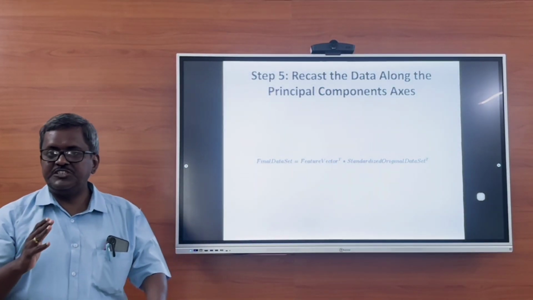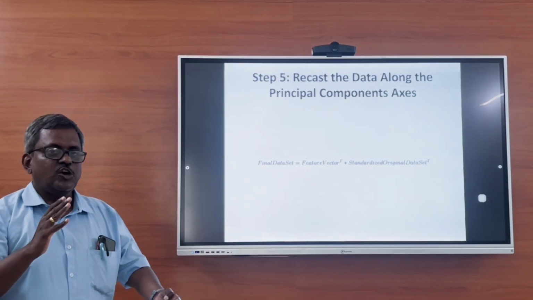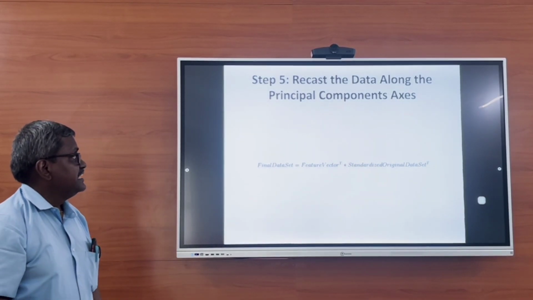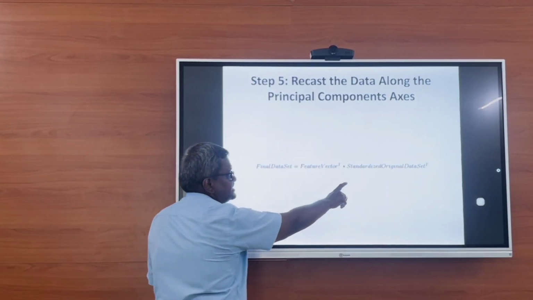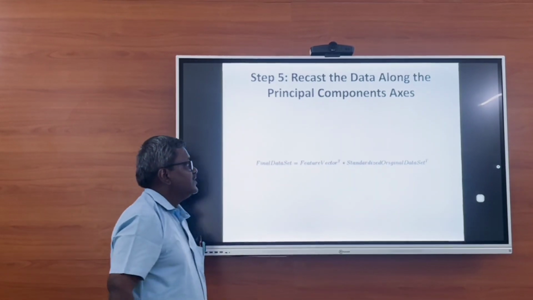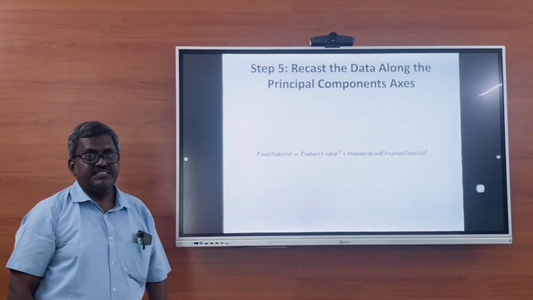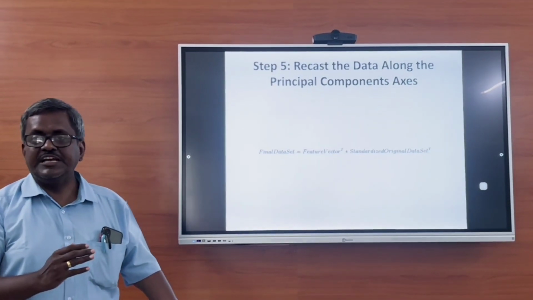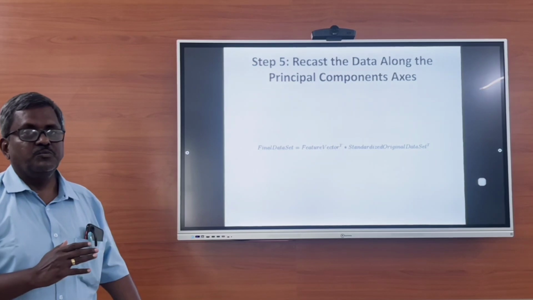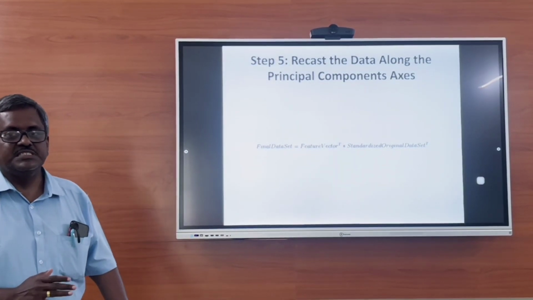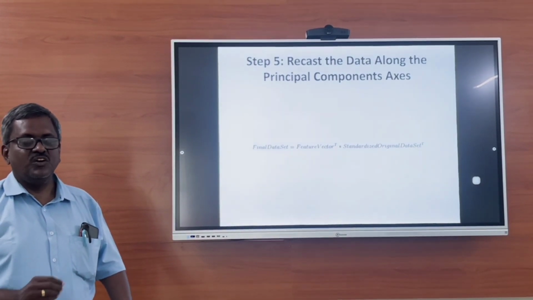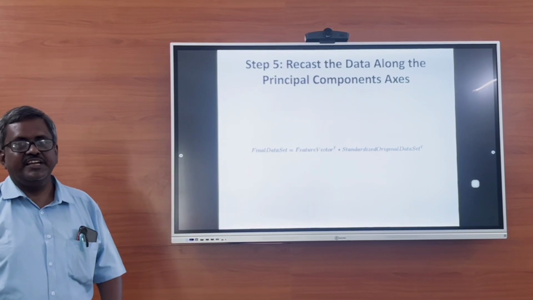Instead of having the feature vector column wise, we are having it row wise, and that is multiplied by the standardized original data set transpose to get the final data set. So this will have the reduction in the number of attributes. So this is called dimensionality reduction, and this is called projection in data science.